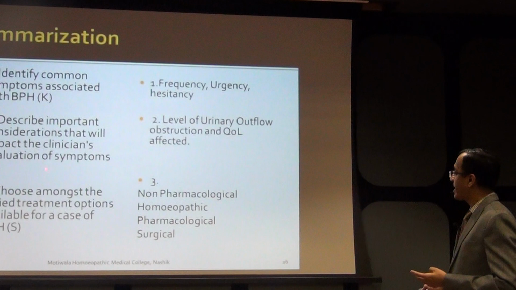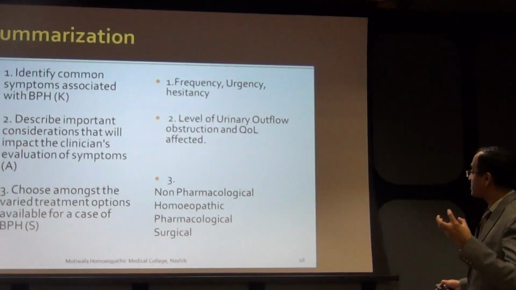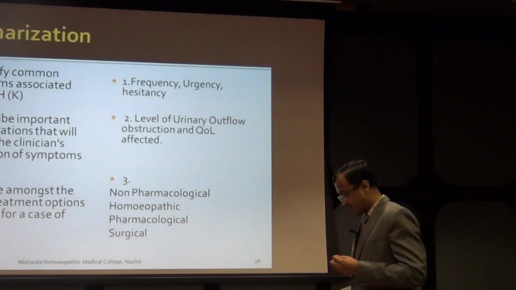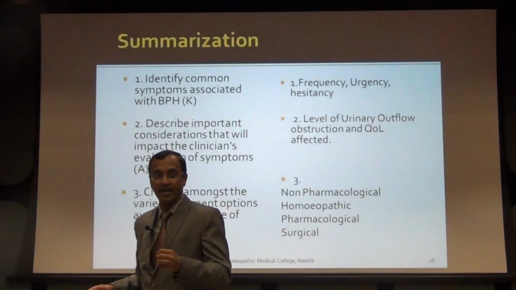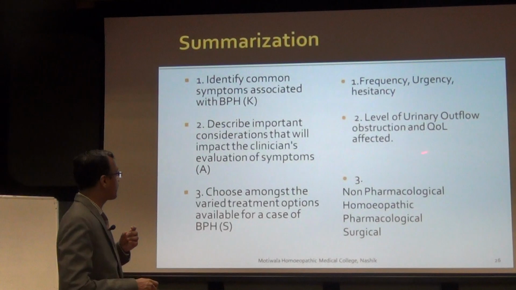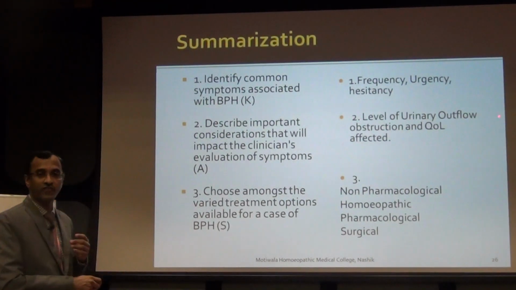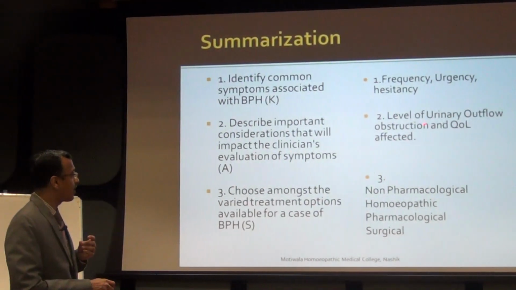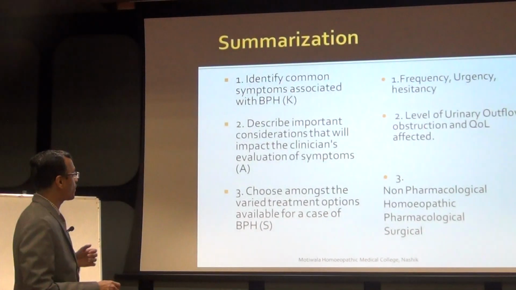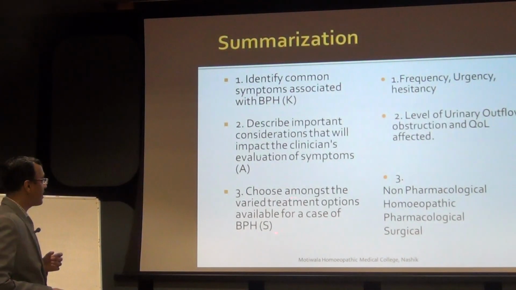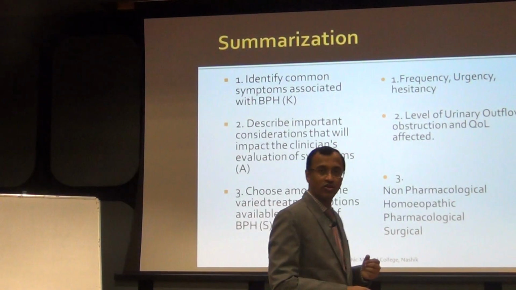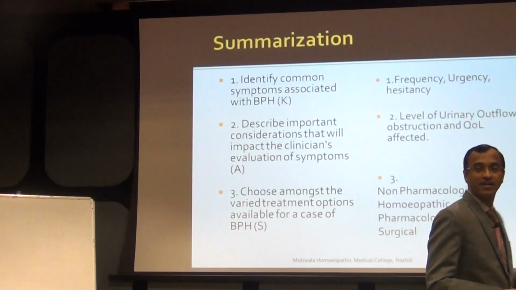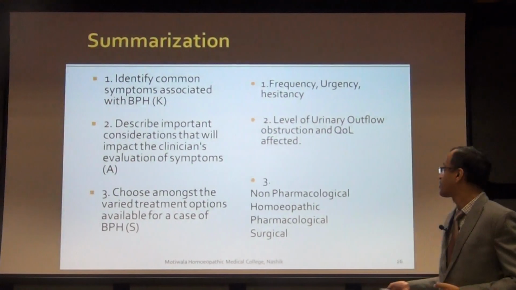If one needs to understand the level of evaluation of the symptoms, finding the lower urinary tract symptoms will help us to diagnose the quality of life which has been affected, along with the urinary outflow obstruction symptoms. And the various treatment modalities available will be non-pharmacological, homeopathic, pharmacological and surgical.